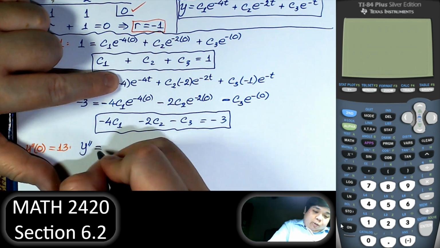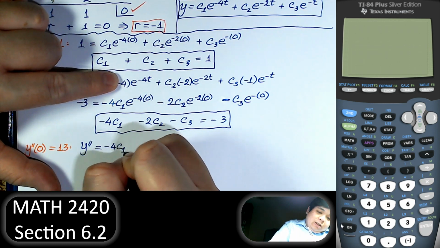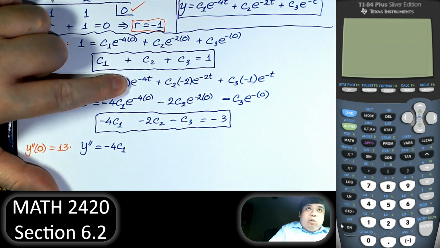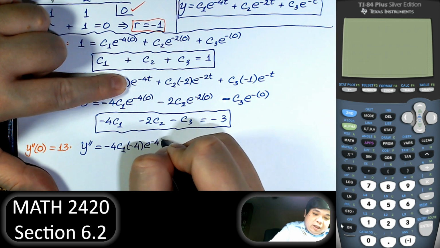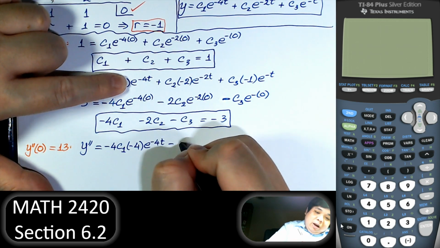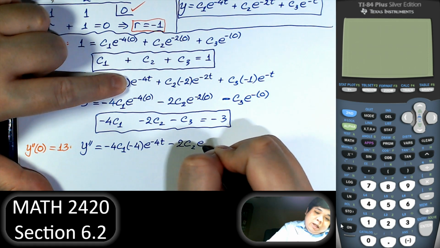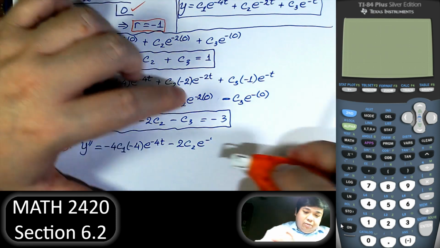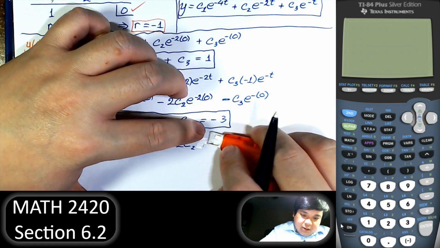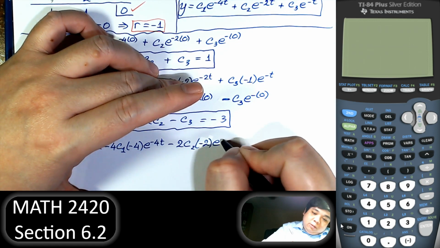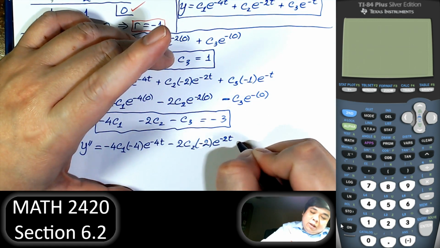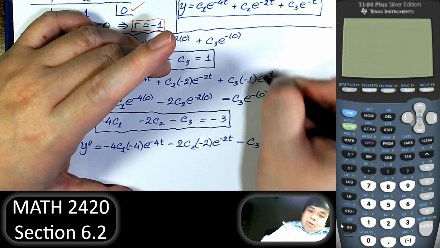This gives us negative 4c1, and the derivative of e to negative 4t is negative 4 e to negative 4t, minus 2c2 e to negative 2t, derivative of that, and minus c3, derivative of that.